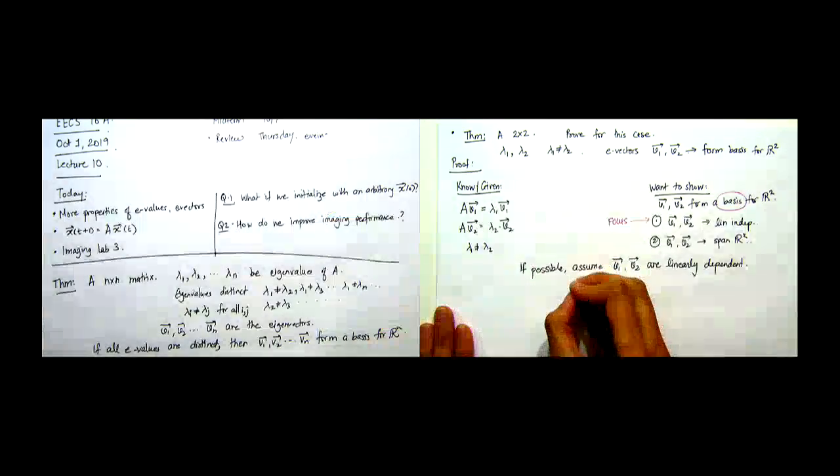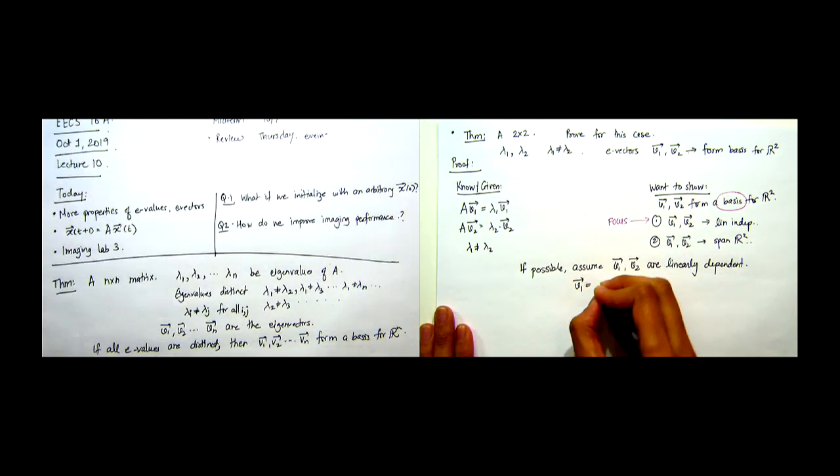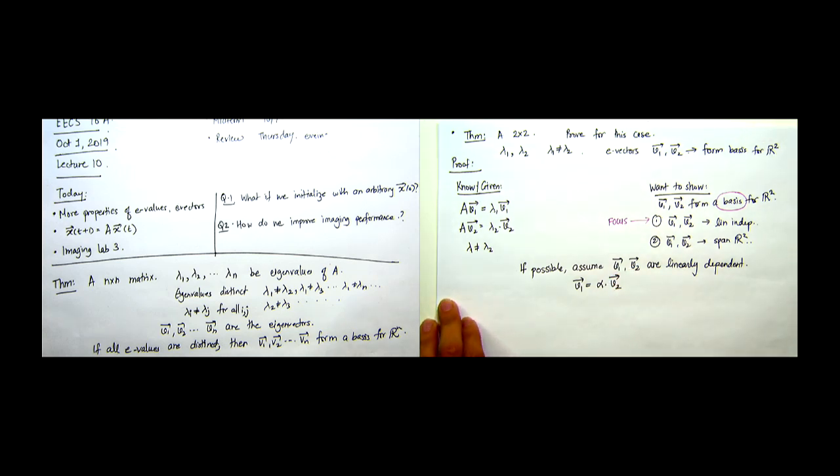So I can write this as, let's say, V1 is some alpha times V2. And what do we want?